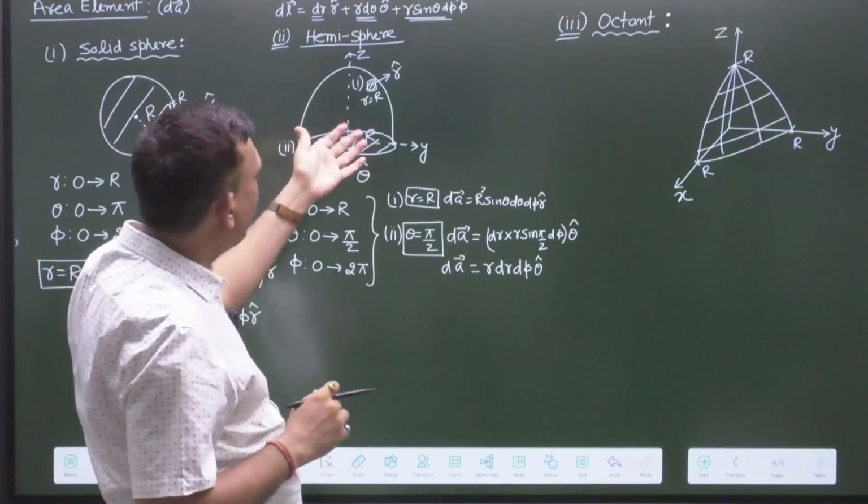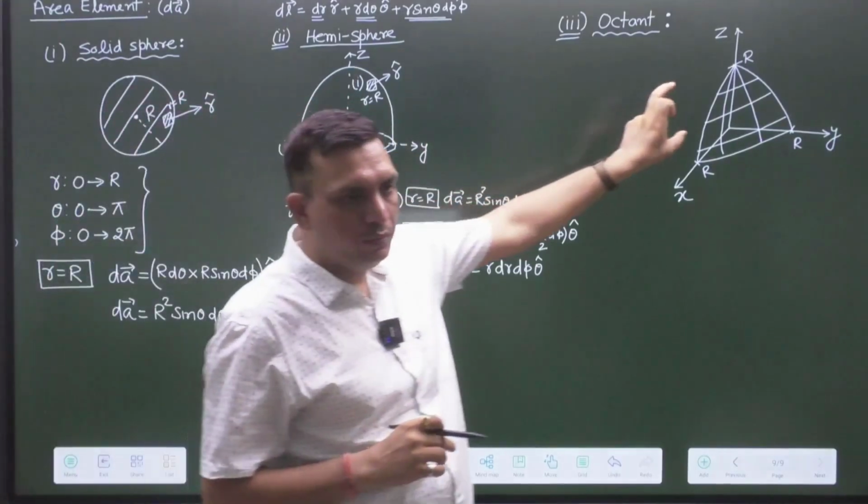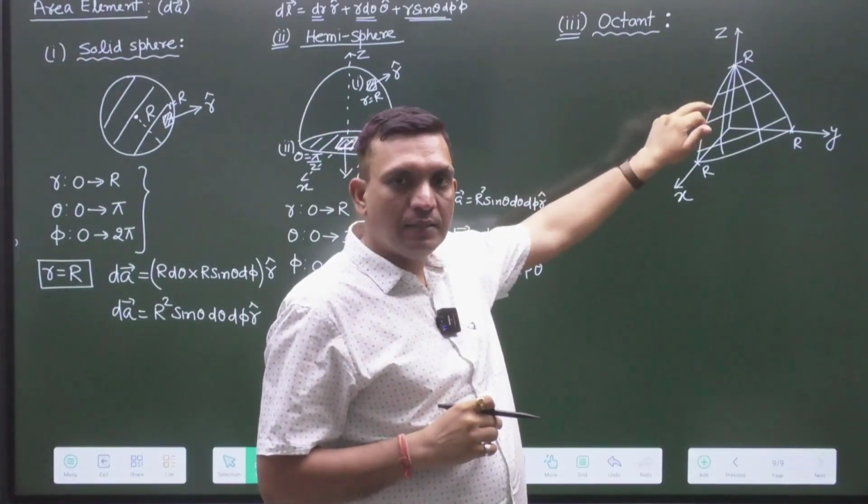Hemisphere is half, but you have taken again 4 parts of the hemisphere, and you have taken only 1 part. So that is an octant.